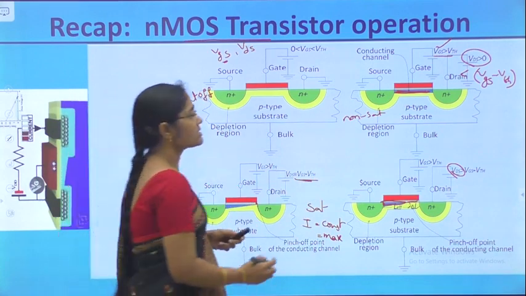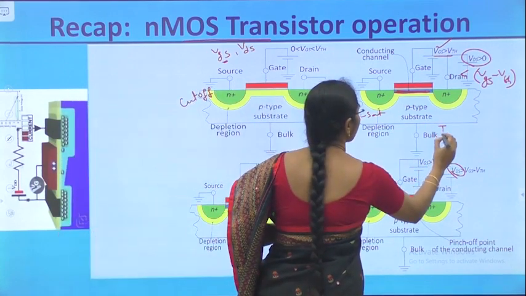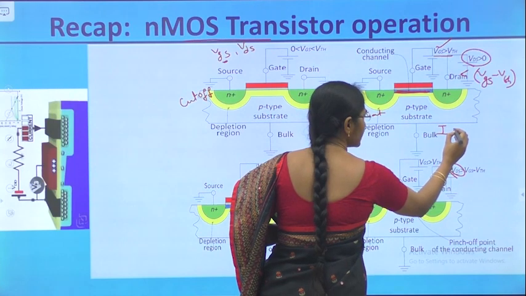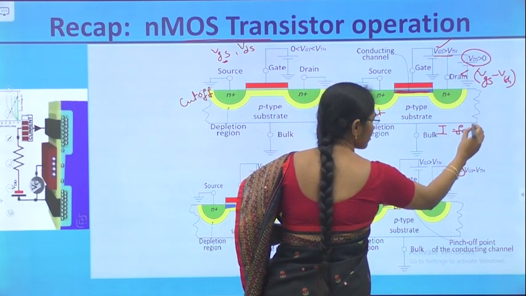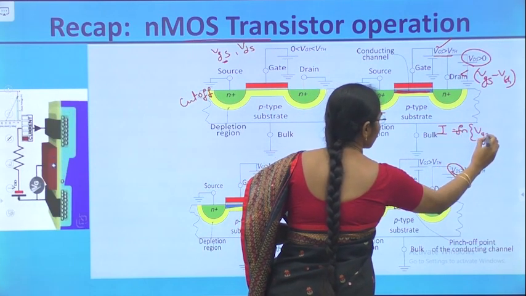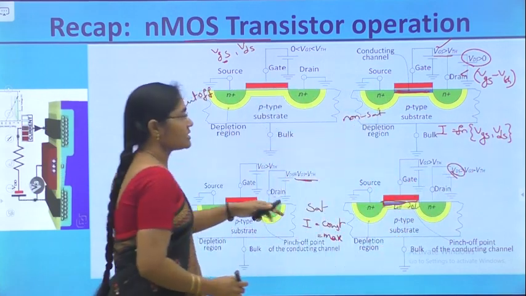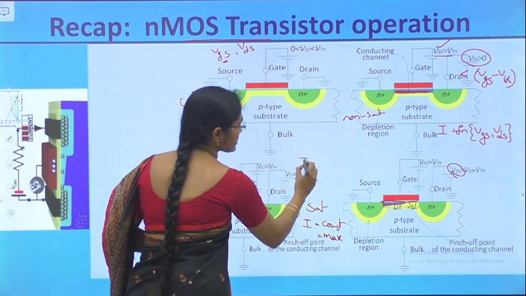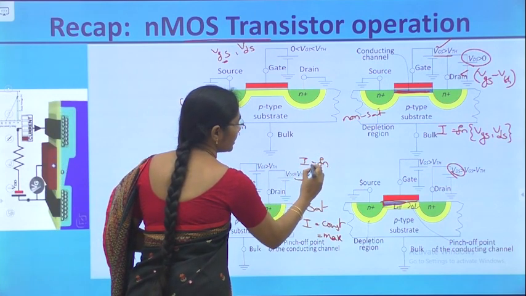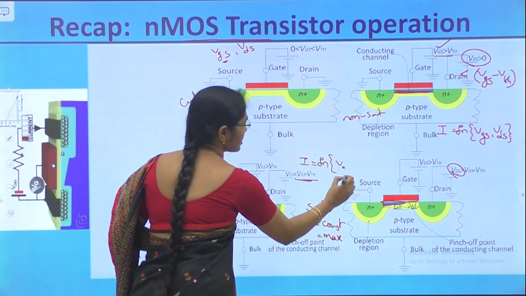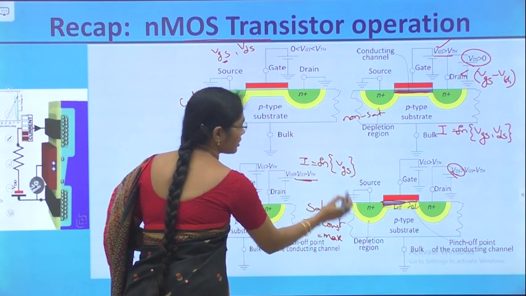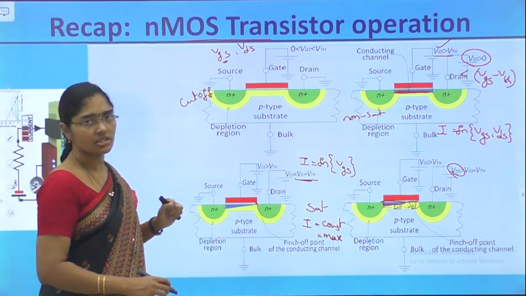And in this non-saturation region, current is existing and it is varying, that is, it is a function of VGS and VDS, both values. In the saturation region, current is a function of only VGS, that is, it is independent of VDS in the saturation region.